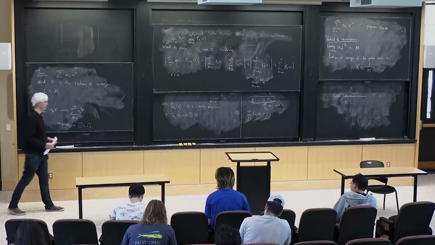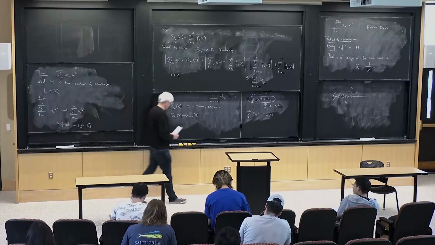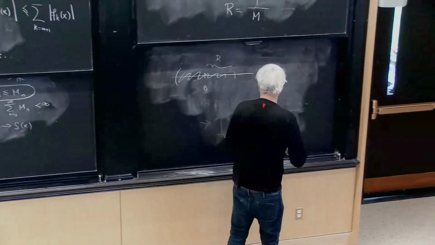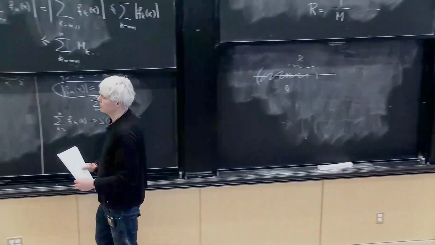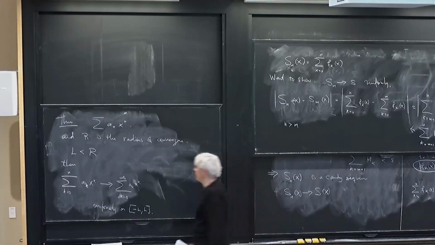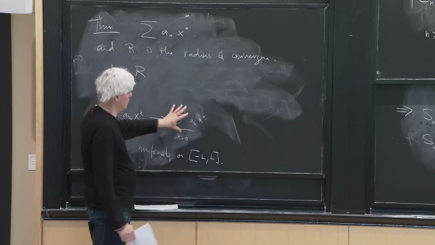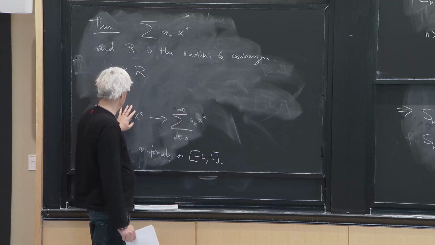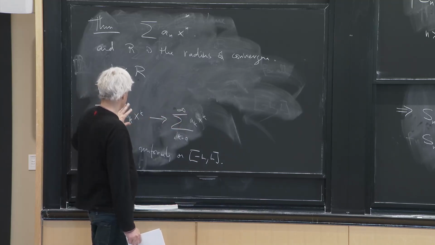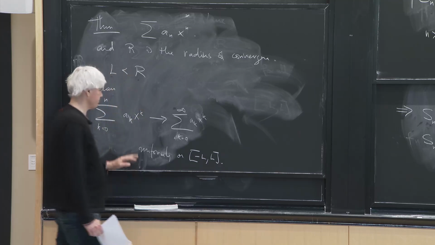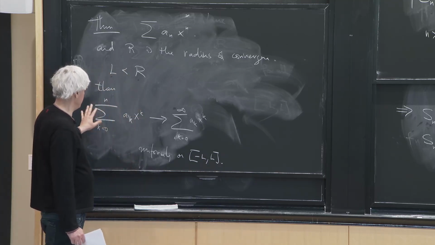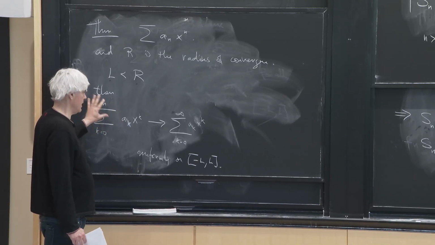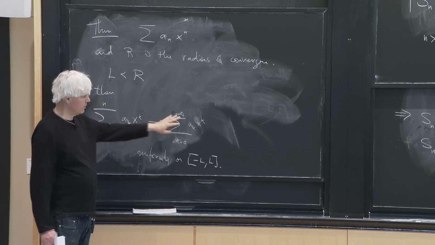It will be clear next time why it's useful. If you have uniform convergence, then a lot of operations, like integration and differentiation, you can do over here and then go to the limit.